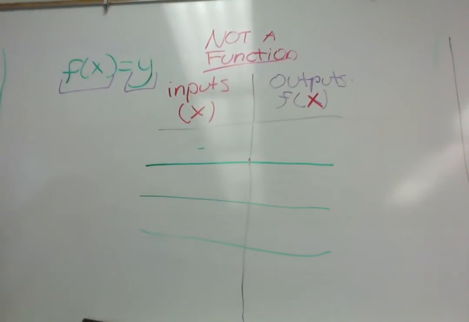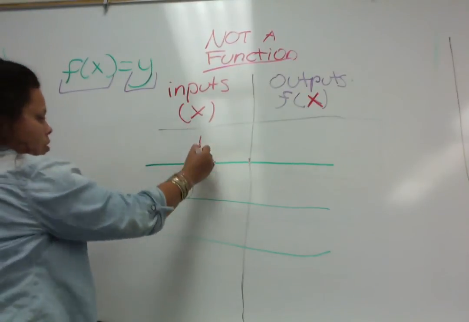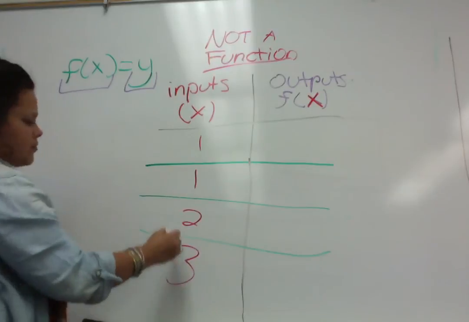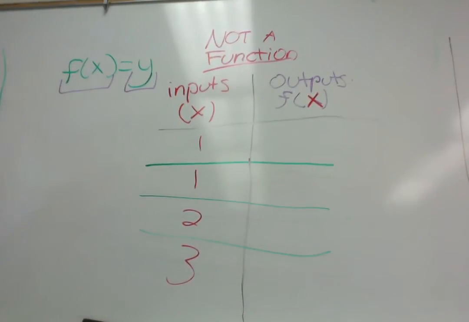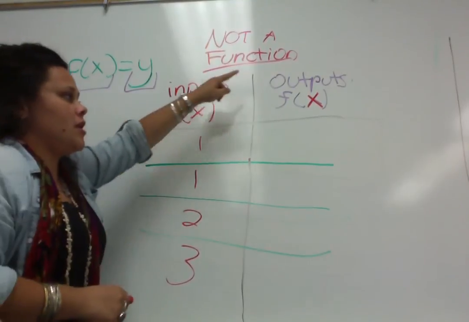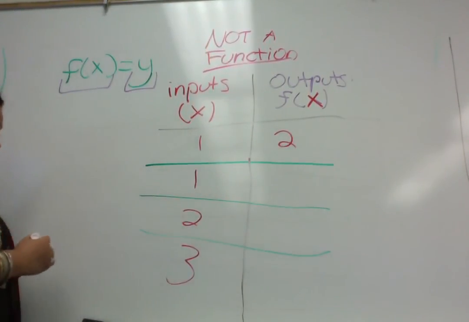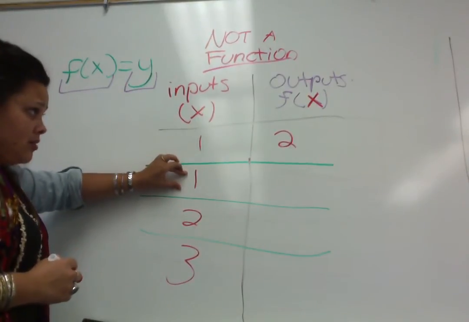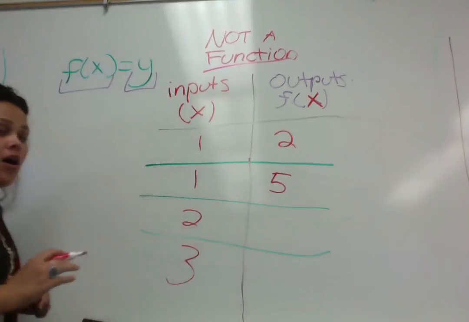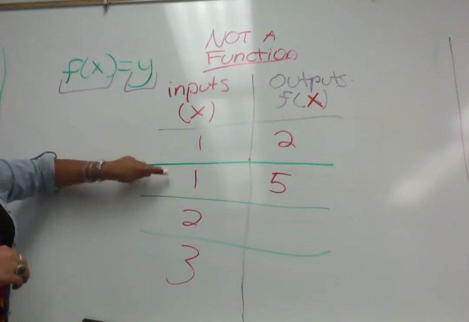Again, I'm randomly choosing these numbers, 1, 1, 2, 3. Let's do the same exact thing as we did. Take this input, put it into our function machine, and get out a 2. Take this input, put it into the function machine. Let's say we get out a 5. Uh-oh, back it up. Pause and tell me what happened here.